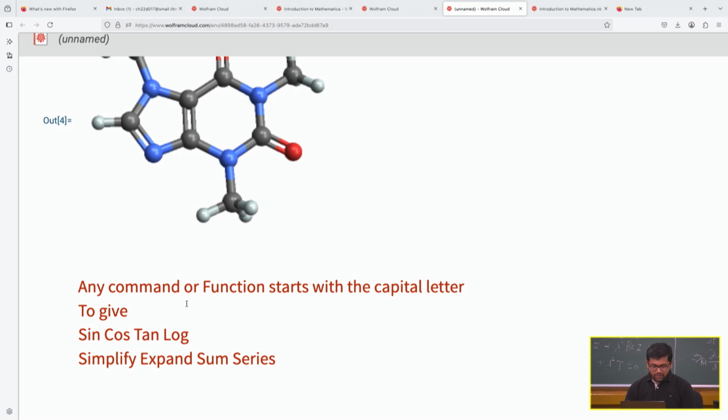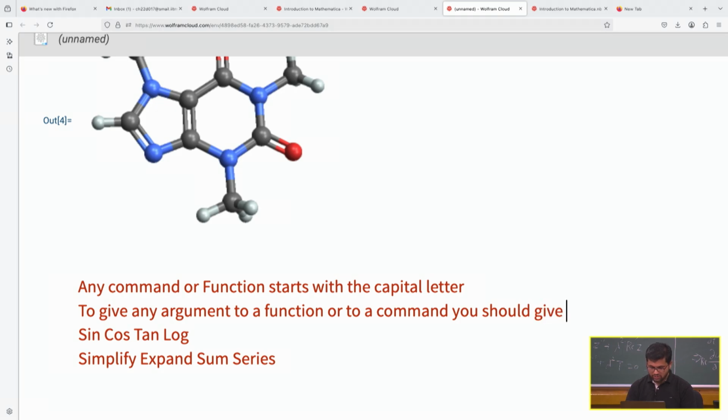So, the other point is, to give any argument to a function or to a command, you should give it in a square bracket.